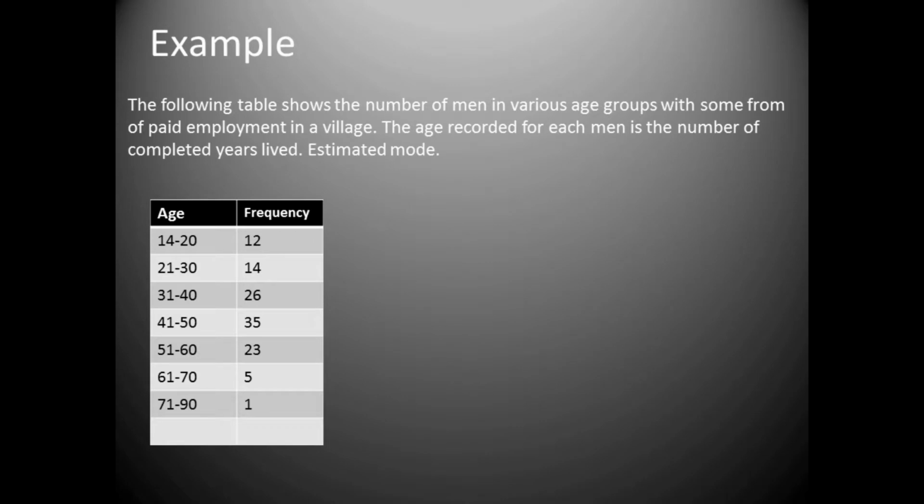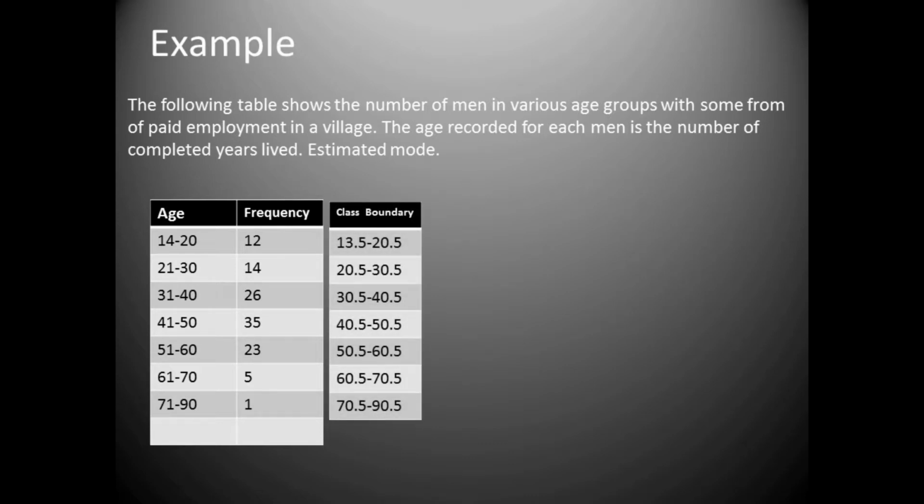This is the data in which we have in column 1, 14 to 25 of age, frequency is equal to 12, 20 to 30 of age, frequency is 14, and similarly at the end 71 to 90 years of age, frequency is 1. First we have to calculate class boundaries. Hope you guys know how to calculate class boundaries. If you don't know, just comment in the comment section, and we will discuss how to calculate class boundaries.